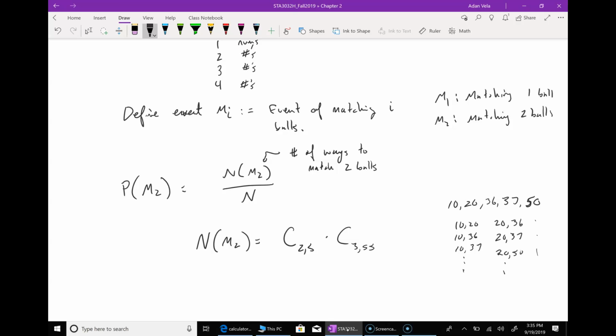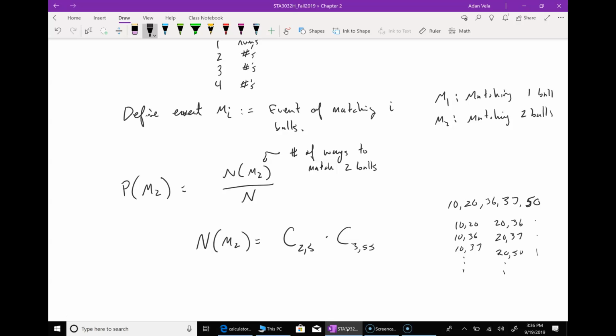So what that means is, instead of drawing 3 numbers out of the 60, what I'm drawing are 3 more numbers. I have 2 numbers that match. I need to pick 3 numbers that don't match.